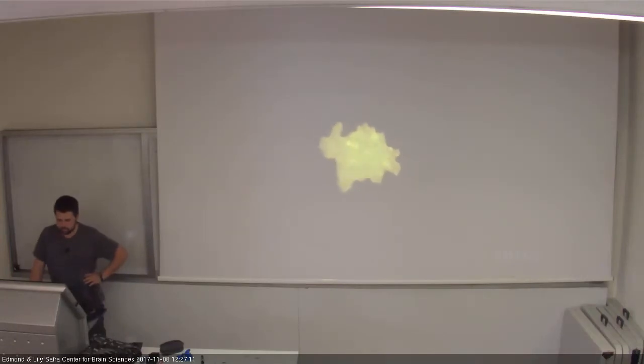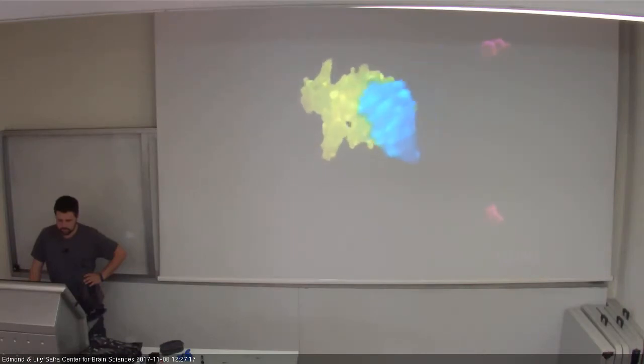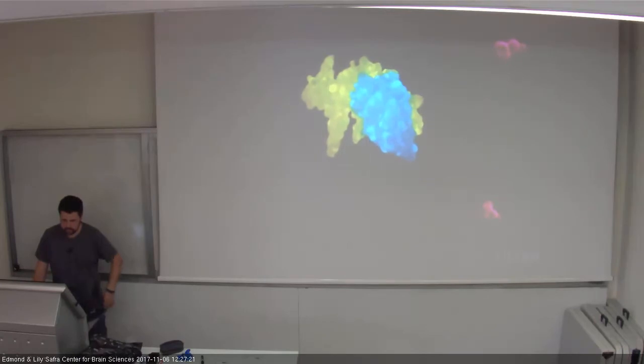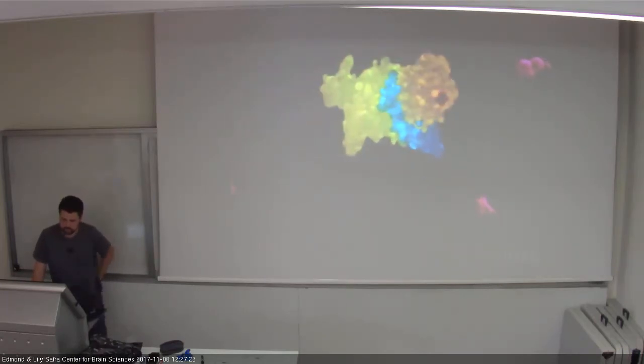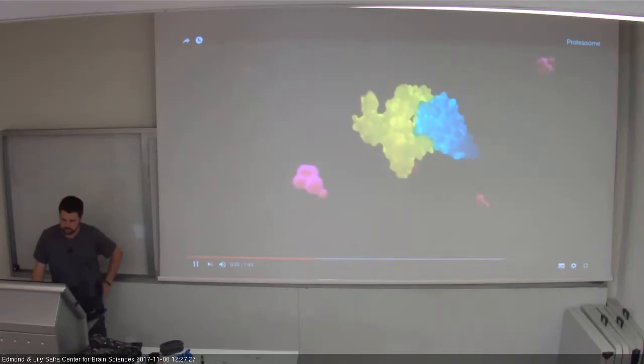Once our ataxin has done its function and it's ready to be degraded, another enzyme called ubiquitin ligase comes and attaches to it. The ligase will interact with the carrier and take the ubiquitin from the carrier back to our protein. And now it can put more and more ubiquitin molecules.